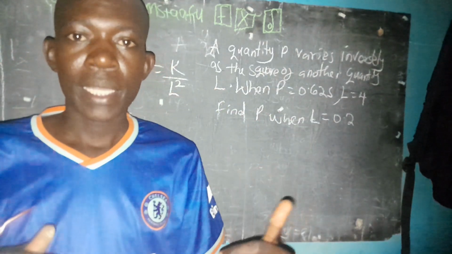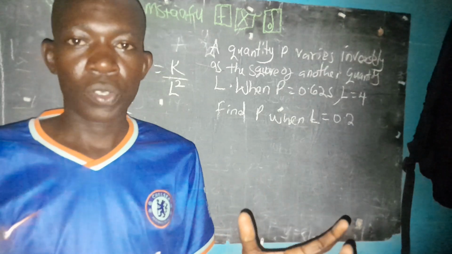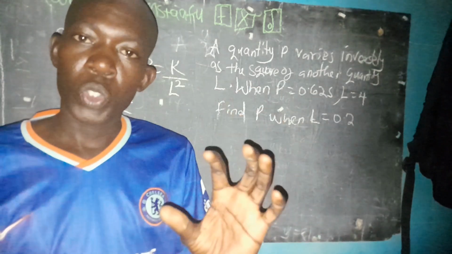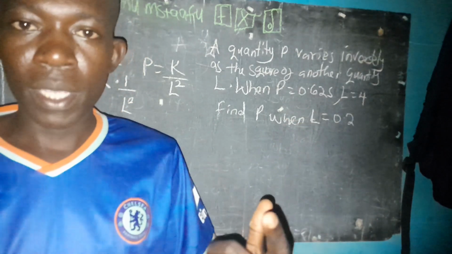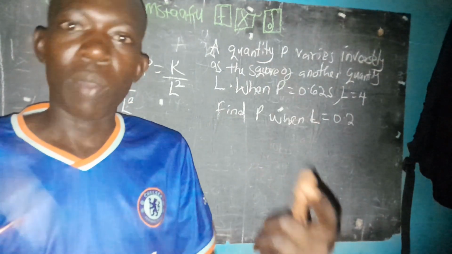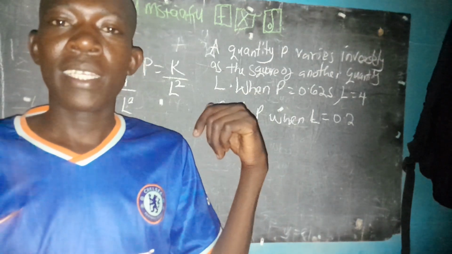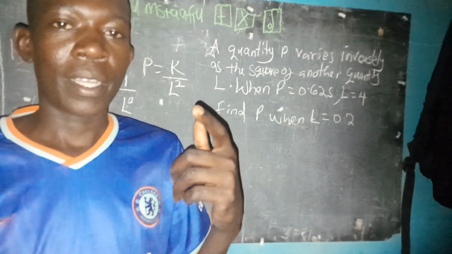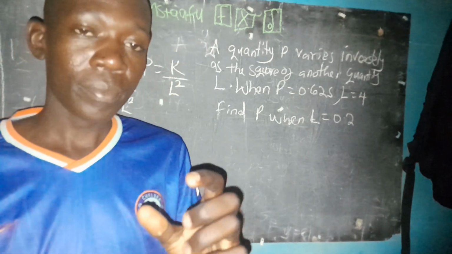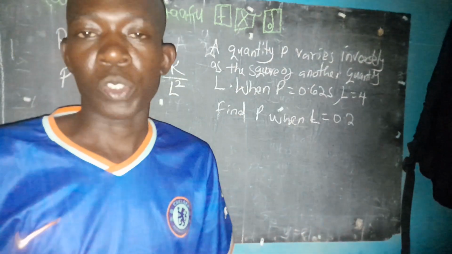So whenever I have the equation that connects P and L, I can use that equation to find any solution of another if given one. When I'm given P and I don't have L, I can replace here and find L. But before that, k is a constant that I've introduced.